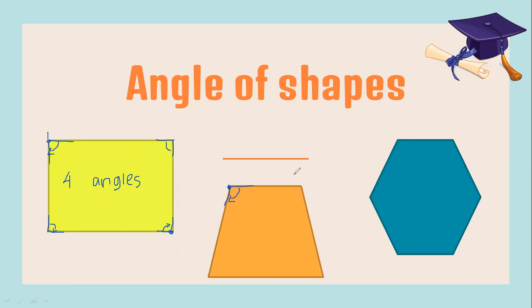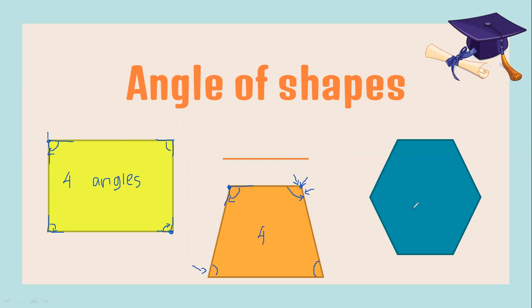The other one, we have this line and also this line, and both lines meet at this point, and it makes an angle also. This is the same for this case. It will make an angle in this part, and this happens also for this. So from this we know we have four angles also.